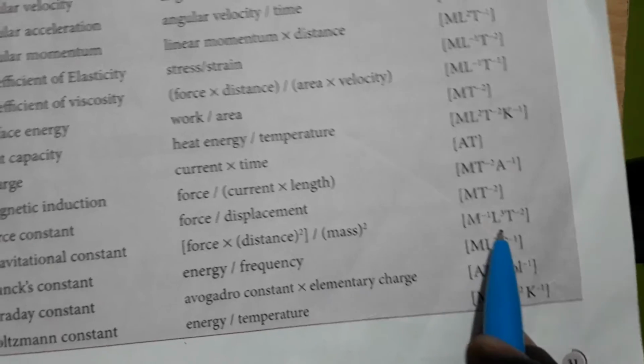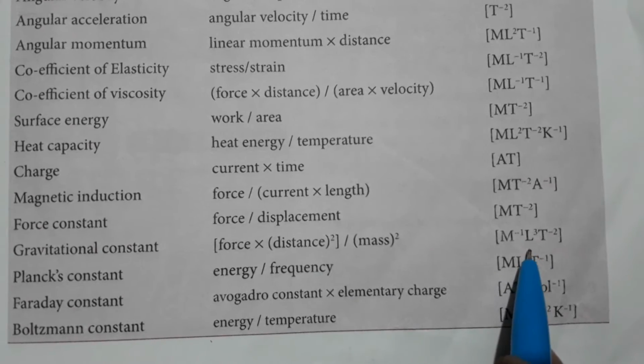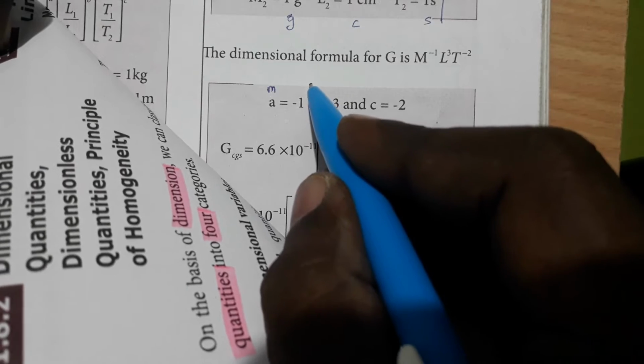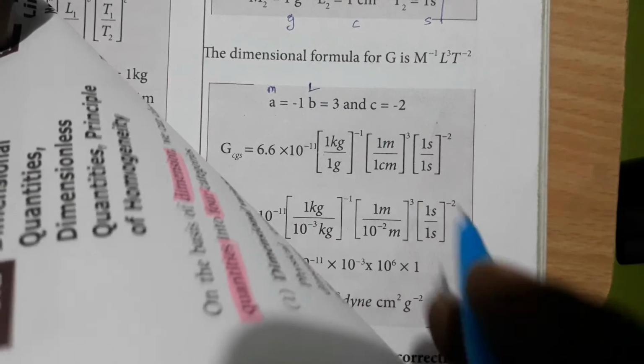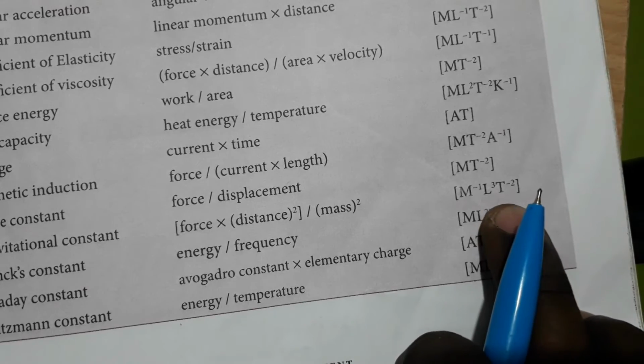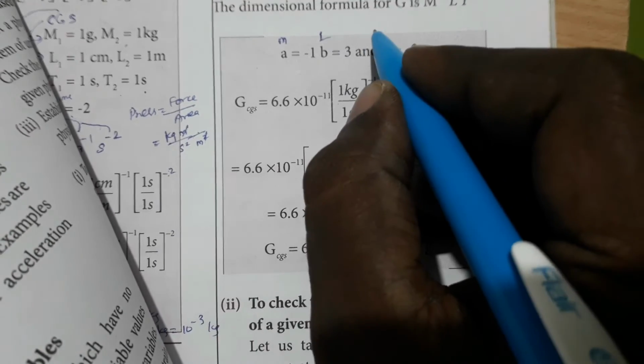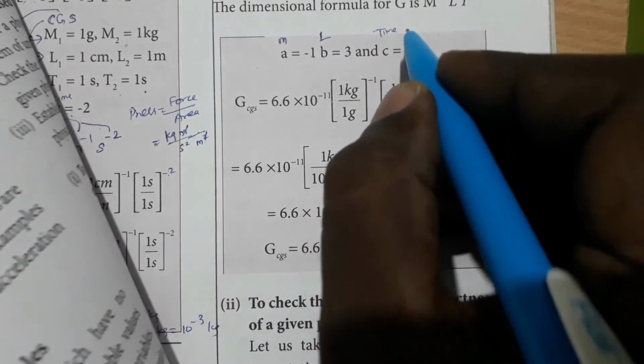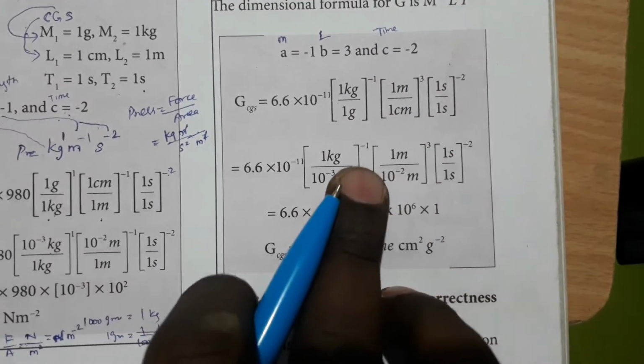See here, for the gravitational constant L is L cube, so length is 3. That is b. Similarly here T equal to -2. So time is -2, that is c equal to -2.